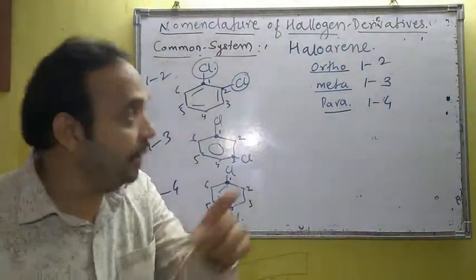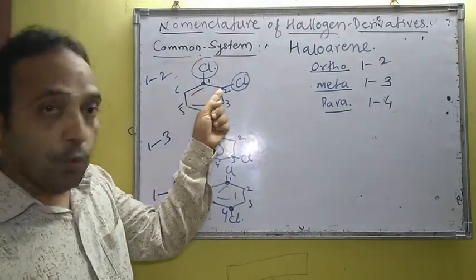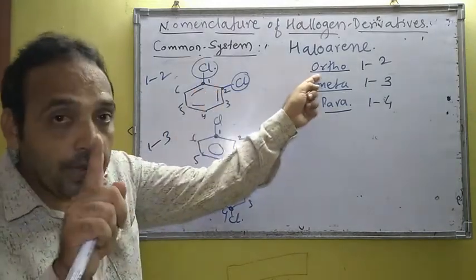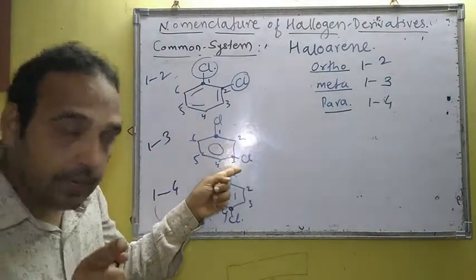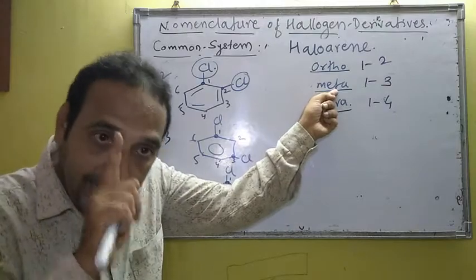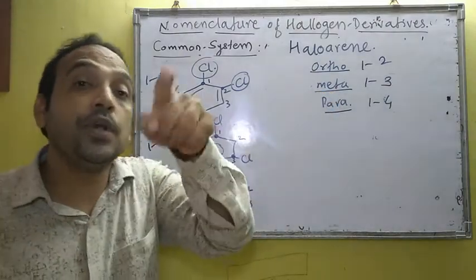Students, try to remember, if two functional groups are on carbon number 1 and 2, what will I call that position? Ortho. If attached to 1 and 3, this position is meta. If attached to 1 and 4, this position is para.